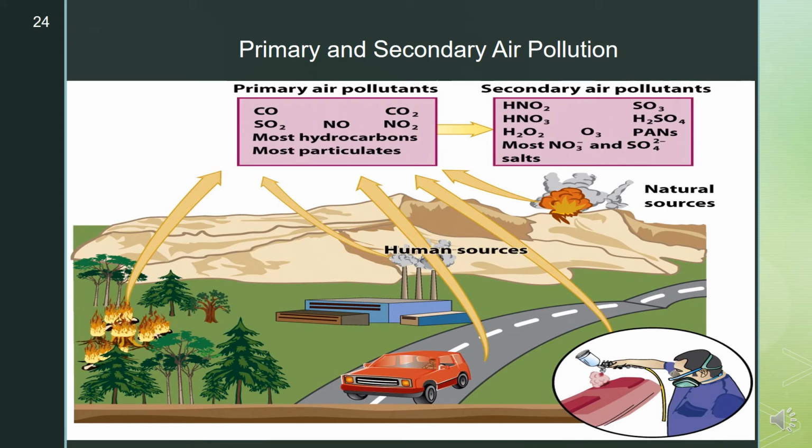This is the pictorial representation of primary air pollutants and secondary air pollutants. Carbon dioxide, sulfur dioxide, nitrogen oxide, carbon monoxide, nitrogen dioxide are the primary pollutants. Secondary pollutants are the interactions of two or more primary pollutants, or a primary pollutant with the elements in the atmosphere.